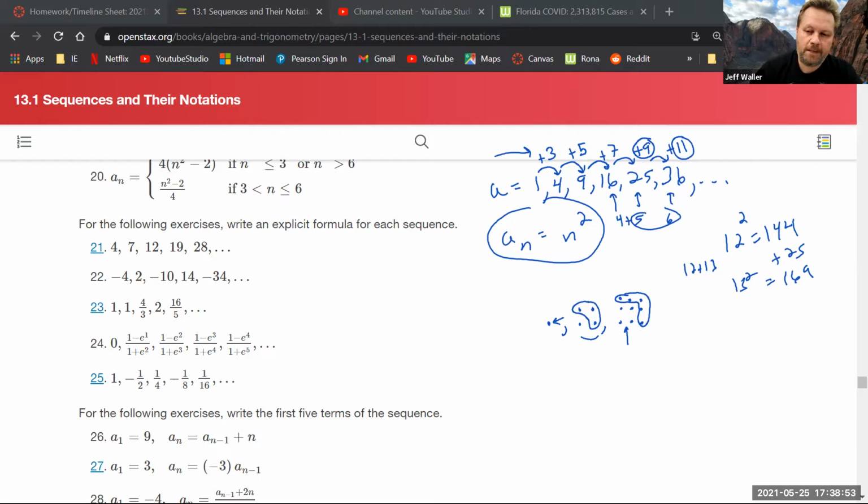Okay, maybe. Now you actually could write a sequence with a recursive formula, but also find an explicit formula for it. Remember what recursive formula means? What's an example of a recursive sequence formula we've used?